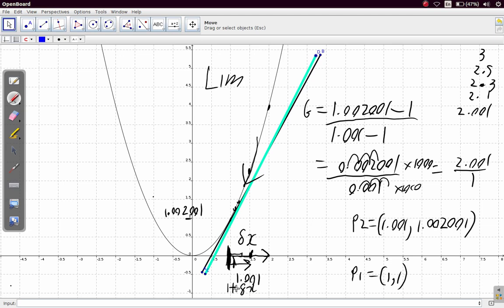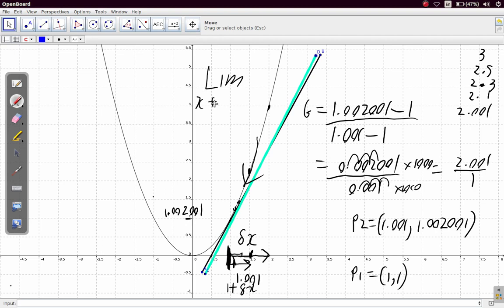So here, we take the limit as x plus that small change in x approaches a certain value.